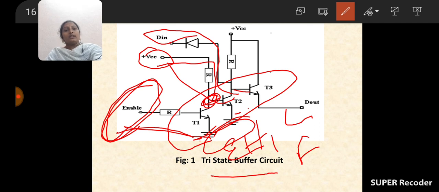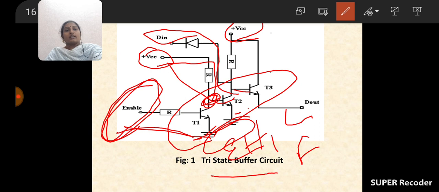So here three inputs are there. One is D in, other is enable, and the supply voltage VCC. Okay, so base of T1 is connected to enable, base of T2 is connected to VCC, base of T3 is connected to D in, and collectors of T2 as well as T3 again are connected to supply voltage.